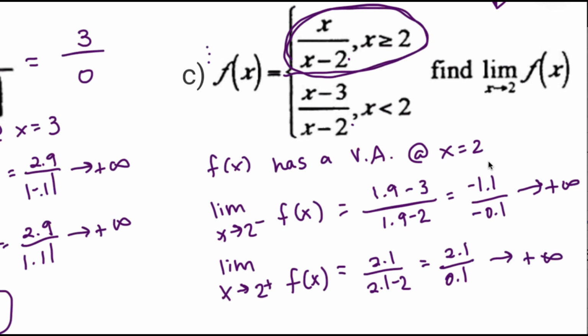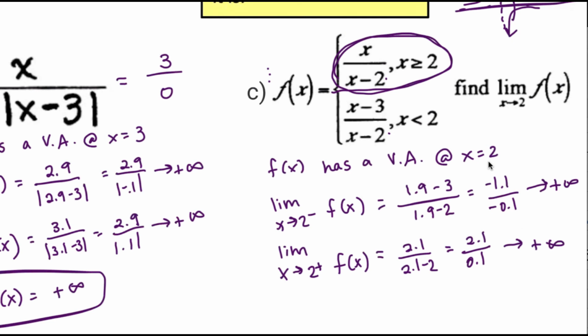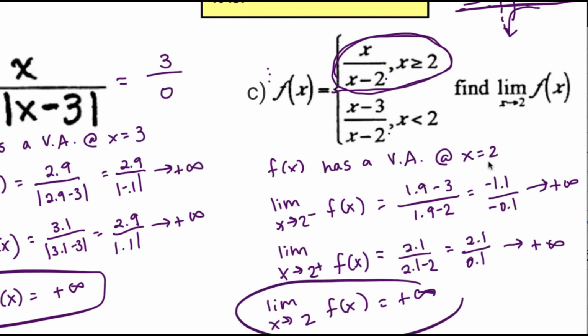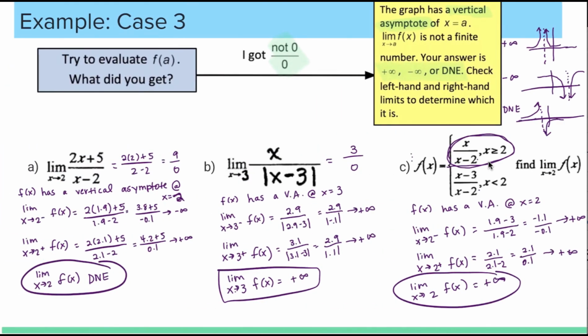So this piecewise function does have a vertical asymptote at 2, but from the left and the right, they're both going to positive infinity. So overall, I can say that the limit as x approaches 2 of f of x equals positive infinity. And that was a lot of work, but that is all that we're going to do for today.